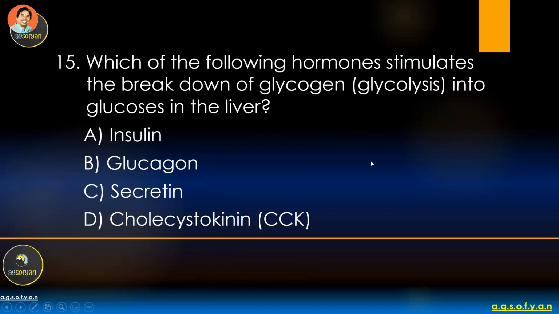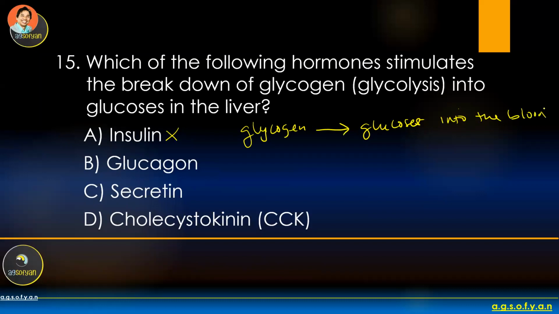Which of the following hormones stimulates the breakdown of glycogen into glucoses in the liver? Okay, so which one? Of course, it is not insulin, because insulin is the opposite process. Here, glycogen in the liver will be converted into many glucoses into the blood.